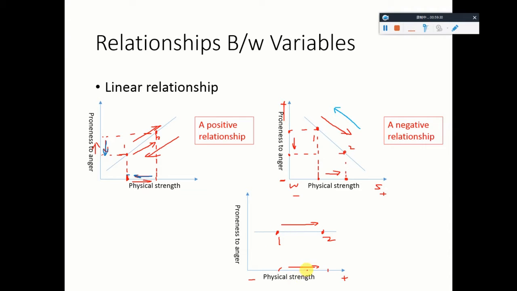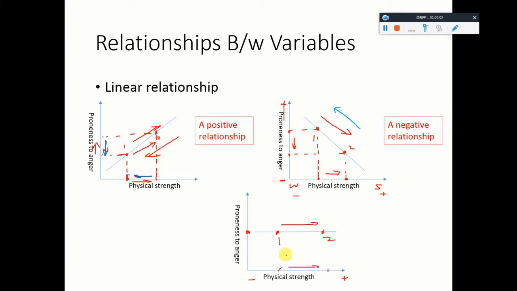But when the value on this axis is changing, the value on the y-axis remains at this point. There's no change because we're only moving from this point to this point on a one-dimension line. There's no change in any vertical direction or diagonal direction, right? There's no change here or here. There's only change in this direction.